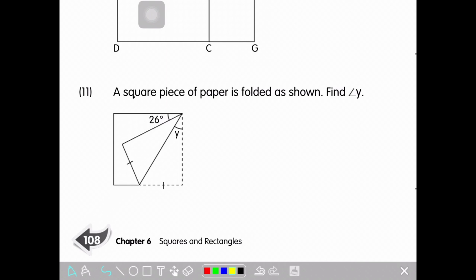Question 11. It is a square, and we know that a square is made up of 4 right angles.